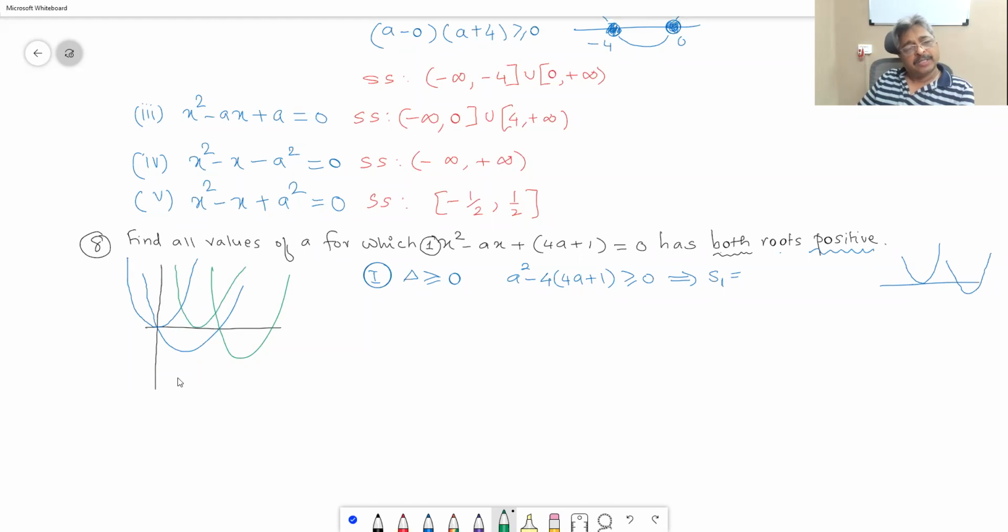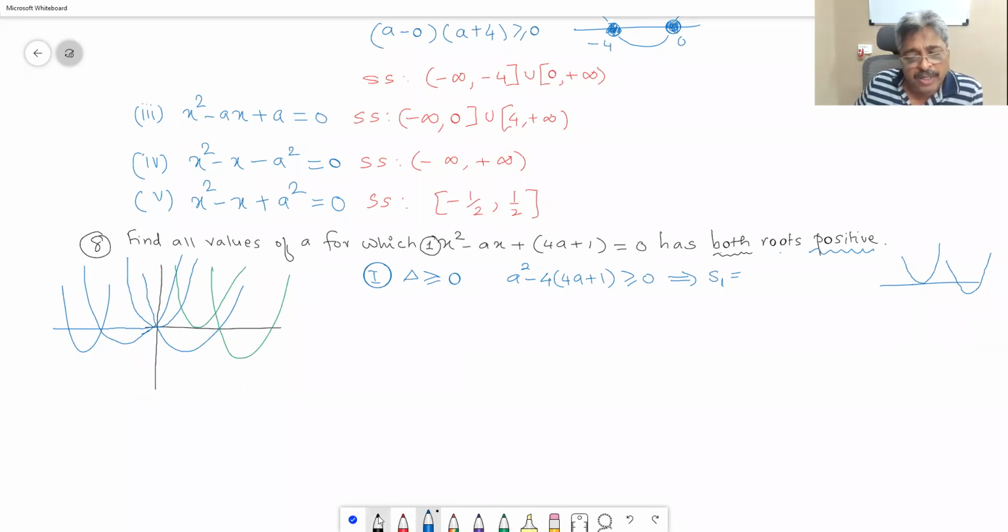Okay, so what are the differences between these graphs? Green graphs are acceptable, blue graphs are not acceptable. If your graphs are towards this, this is absolutely not acceptable. This is also not acceptable, passing through the origin, and another root negative. We want both the roots to be positive.